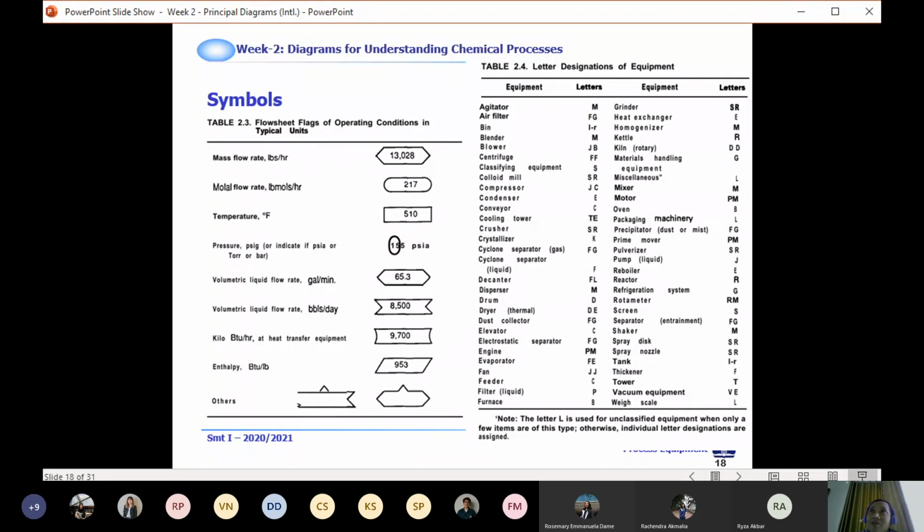It means that K is for the compressor, and 100 is the number of the unit. So if you have two compressors, they will put, for example, K100 and then K101.